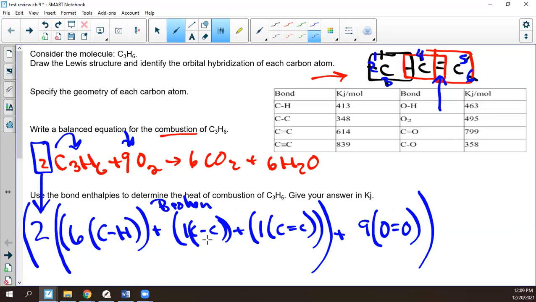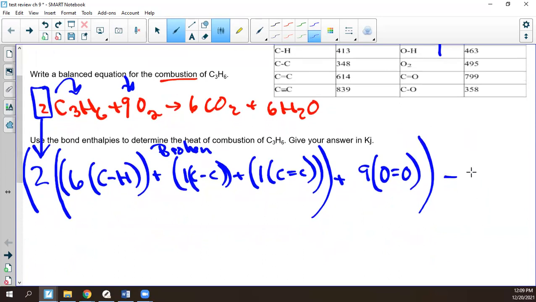Then I'm going to subtract, and I won't have room here, so I'm just going to do it down here. I'm going to minus everything I write right here. I have 6, and then for each CO2, I have 2 C double bond to O's, correct?